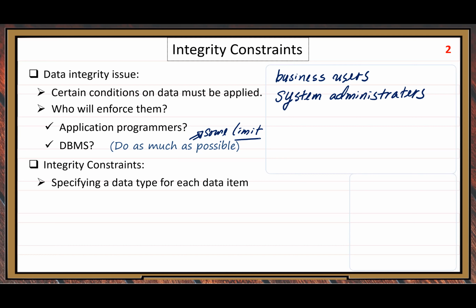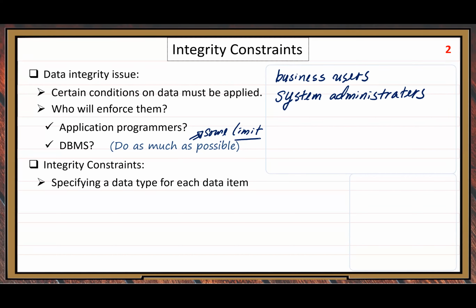This type of integrity constraint is very easy to enforce. When you declare one data item should be an integer, but the user enters a string, it's not an integer, so the DBMS will reject it.